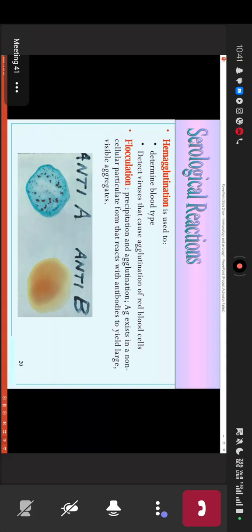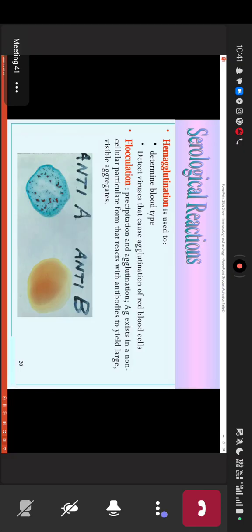Flocculation. Flocculation comes under precipitation as well as agglutination. Here the antigen exists in a non-cellular particulate form that reacts with the antibody to yield large visible aggregates. Flocculation means floccules. Large aggregates appear on the surface of the slide, or the surface of the tube solution, right?